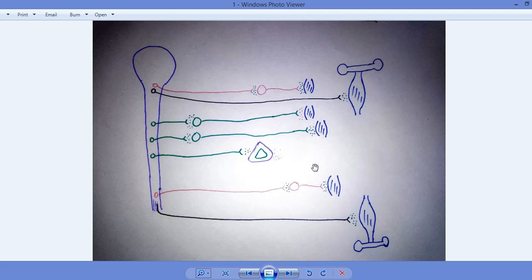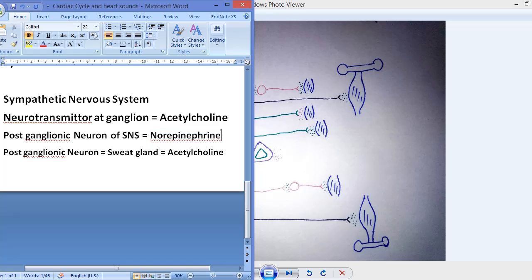But over here, this is a preganglionic neuron, and this preganglionic neuron makes a ganglion with the chromaffin cells. The cells inside the adrenal medulla are called chromaffin cells. These are called what?